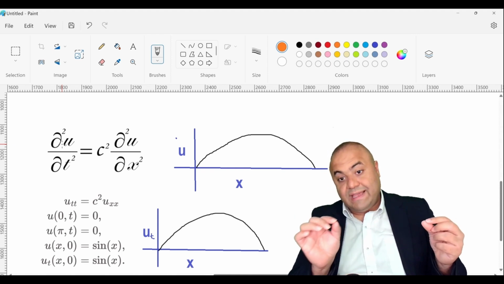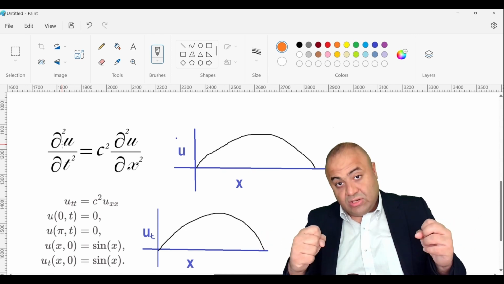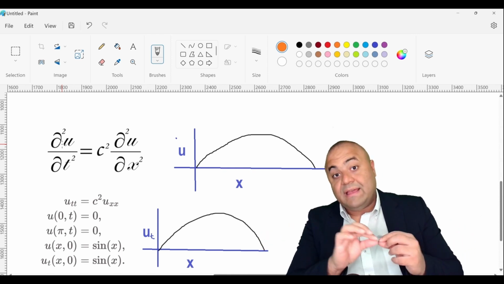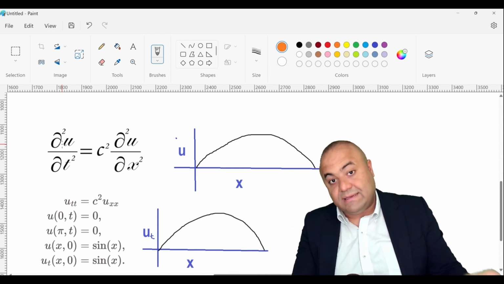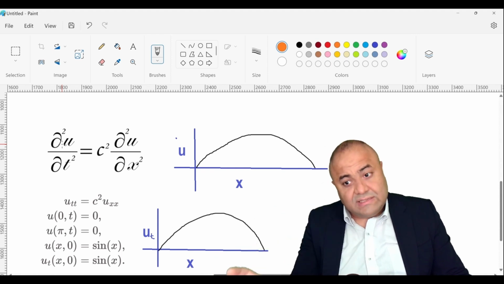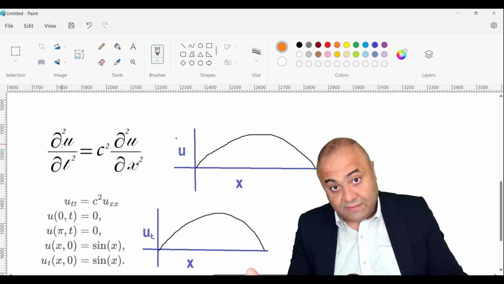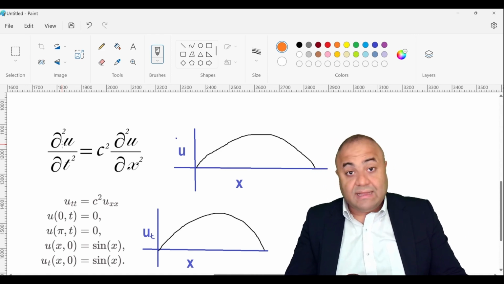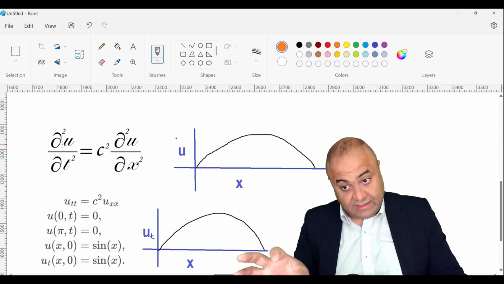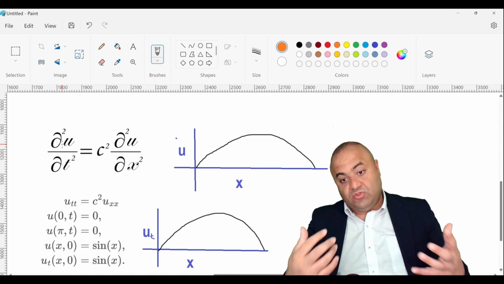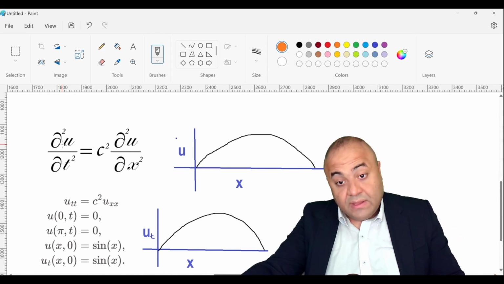So they used this value to be the tension of that string with the mass of that string. This is why they put c squared. For us, as we want to solve the wave equation, it is just a constant squared. If you want to put it as just c, that is also okay, but usually this is how we write the wave equation, with c squared.